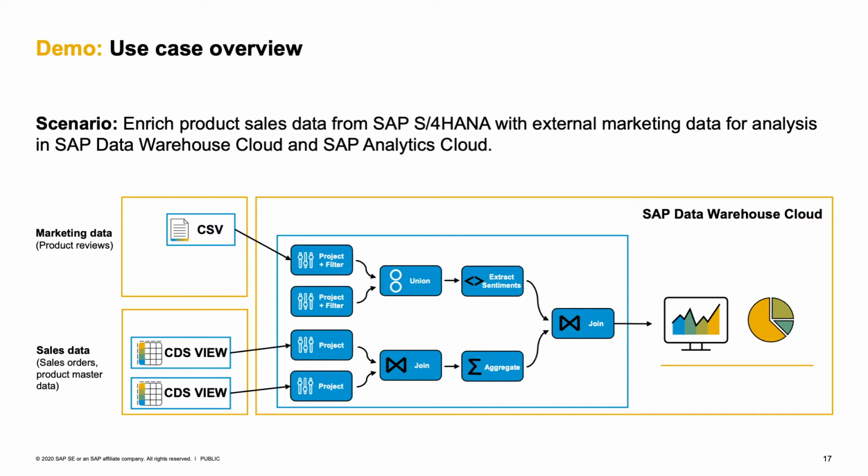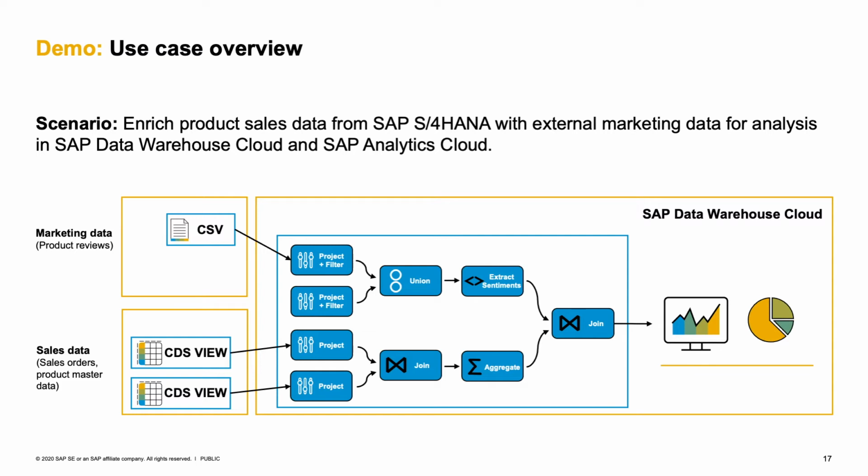In addition, we have some product marketing review data that is stored in a Google Cloud Storage bucket. In this scenario, I now want to use this review data from the last 3 years, 2017, 2018, and 2019, to get some idea about how well my products are perceived by my customers.